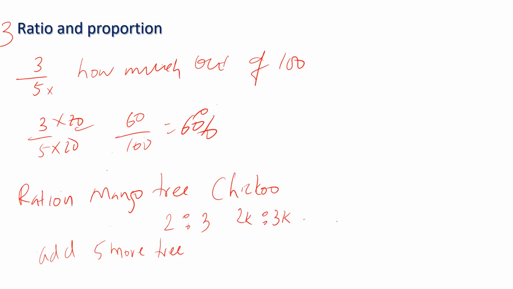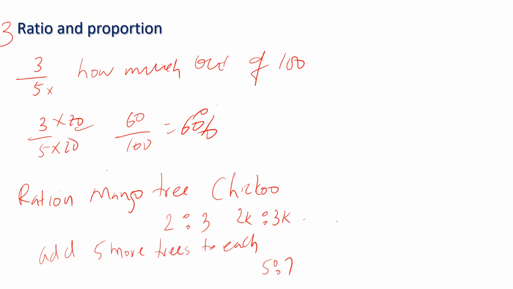But if you add 5 more trees to each, then the ratio becomes 5 is to 7. Ratio बदल जाएगा. So how to solve this kind of question? The question would be, find the number of mangoes and chiku in the orchard.